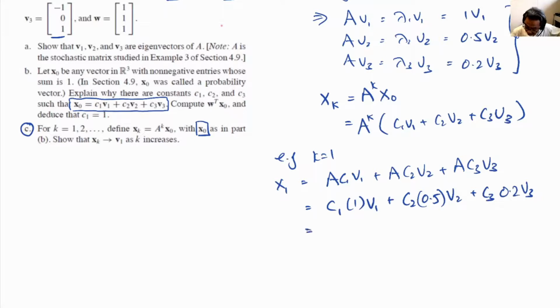Alright, I'll write it as eigenvalues for you first: c1 lambda 1 v1 plus c2 lambda 2 v2 plus c3 lambda 3 v3.